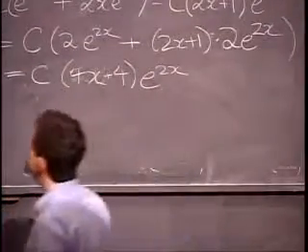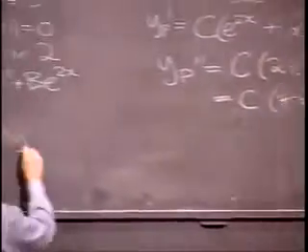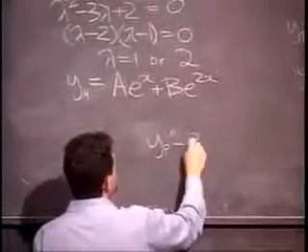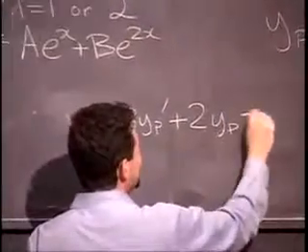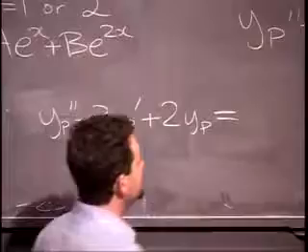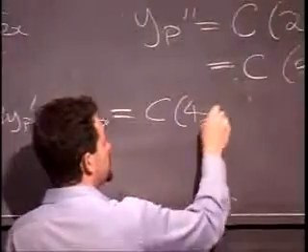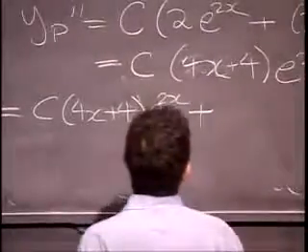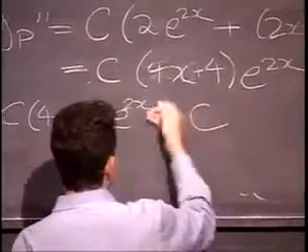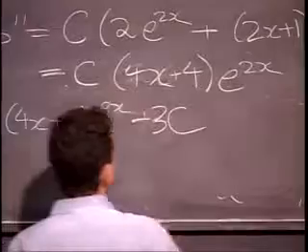And now plug it into the original equation. Yp double prime minus 3yp prime plus 2yp equals, well, the second derivative is c (4x plus 4) e to the 2x. The first derivative, well, we have to do minus 3 times the first derivative.